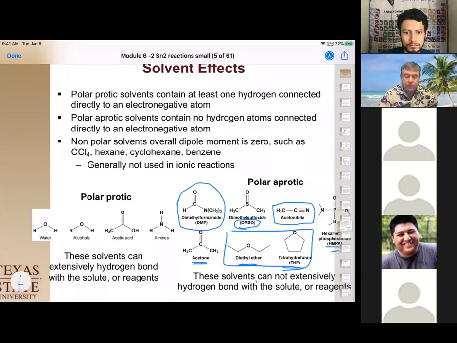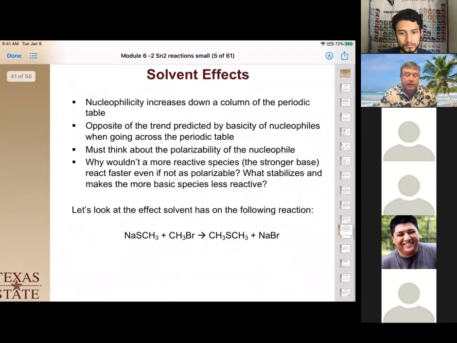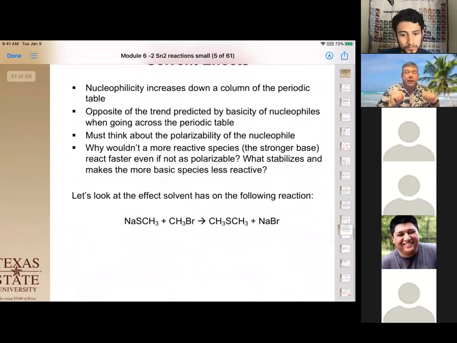Okay, so now that we know what the difference is between our polar protic solvents and our polar aprotic solvents, we can see that we can change the nucleophilicity of different species based on which solvent we use. Okay, so nucleophilicity increases down the column on the periodic table. And so the opposite trend is predicted by the basicity of the nucleophile when we go across the table.